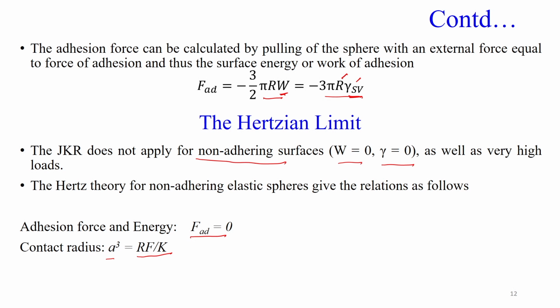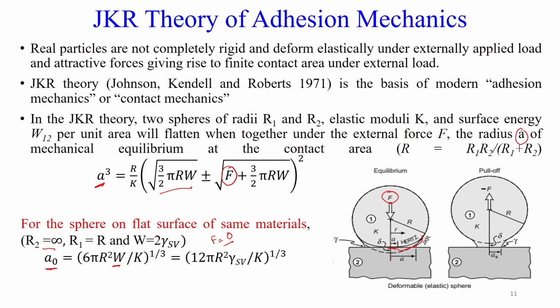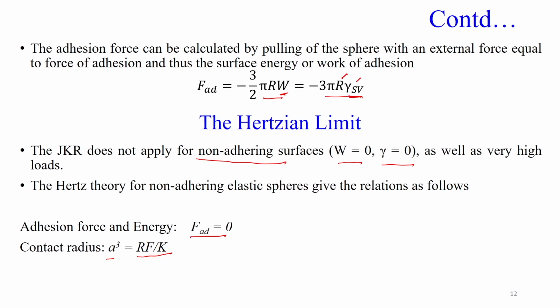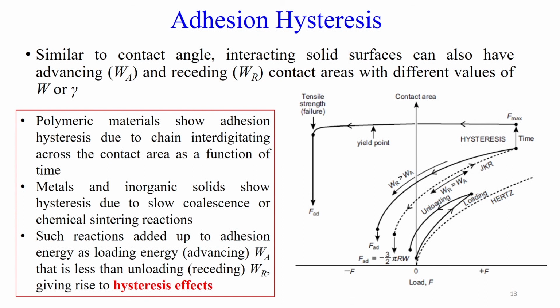So, this is one example we discussed through the JKR theory, where we are considering the interaction between two spheres, or the interaction between a flat surface and a sphere. There are two different curves, this JKR curve and the Hertz curve, and there are differences in observations, or some sort of deformation at the interface.